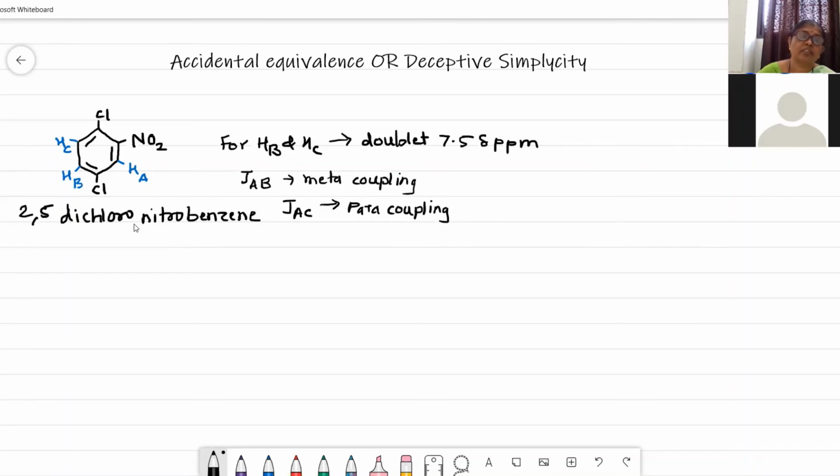In the spectra, there should be a double doublet. When it couples with B type of proton, it gives a doublet. And when it couples with C type of proton, each line of the doublet splits into two lines. Therefore, we should get a double doublet in the spectra. But actually in the spectra, for proton A, for HA, a triplet is observed.